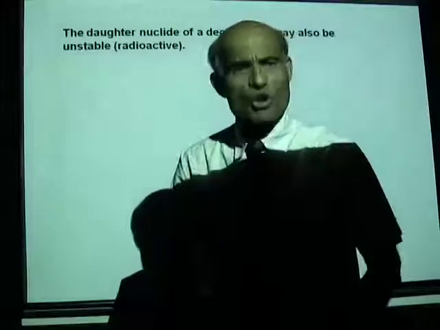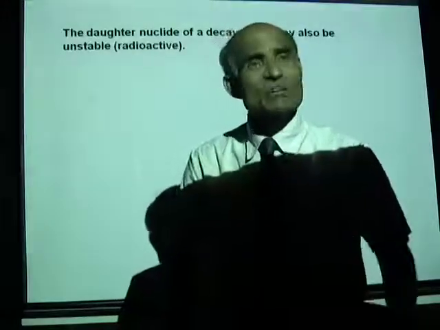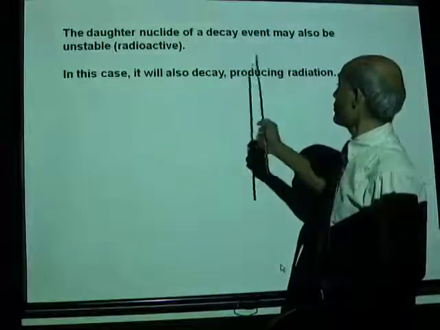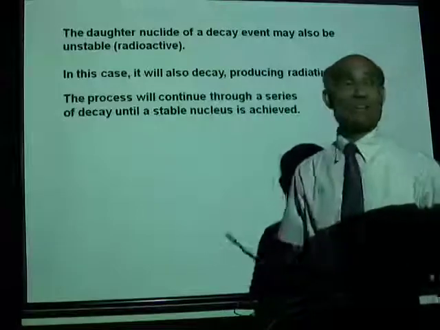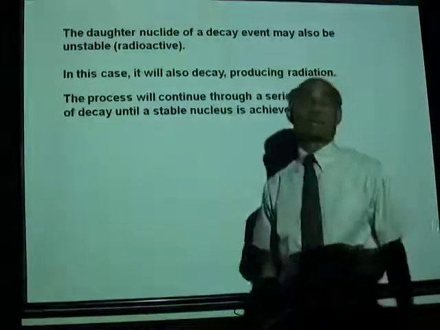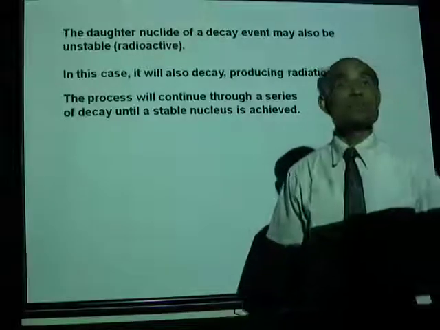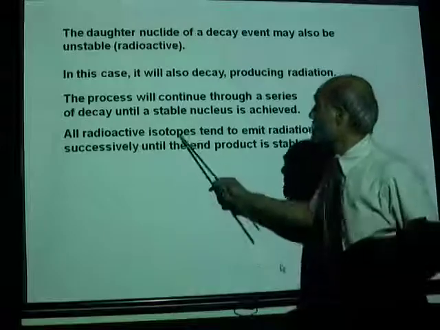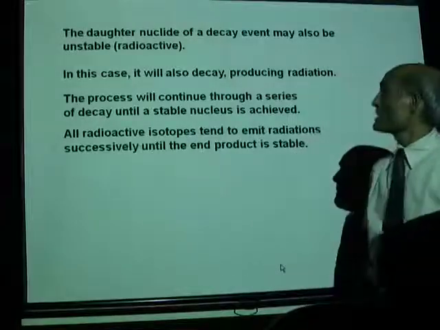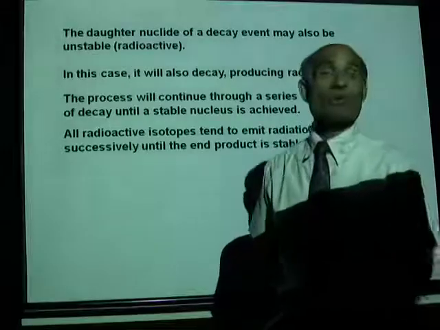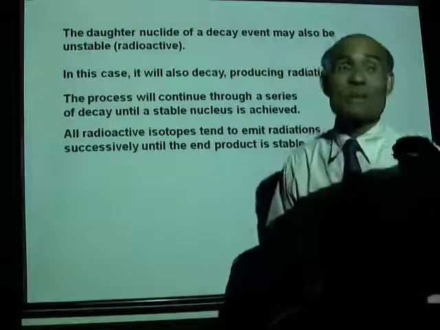This is actually called a radioactive series. In this case, it will also decay, producing radiation. The process will continue through a series of decay until a stable nucleus is achieved. All radioactive isotopes tend to emit radiations successively until the end product is a stable element.